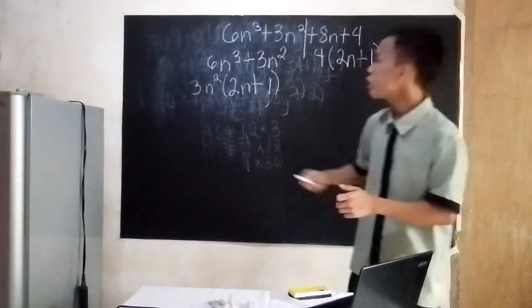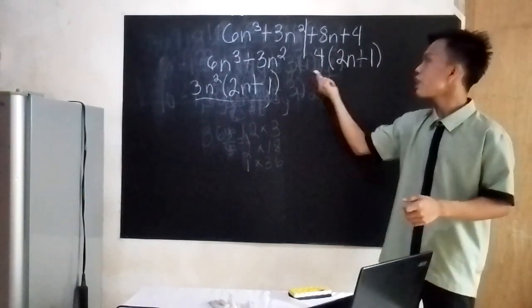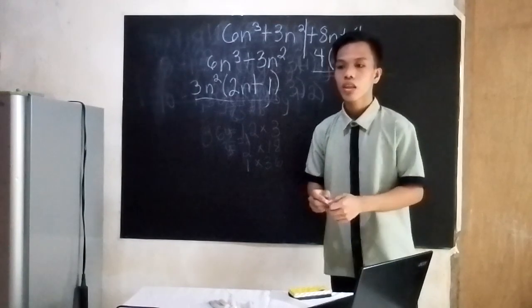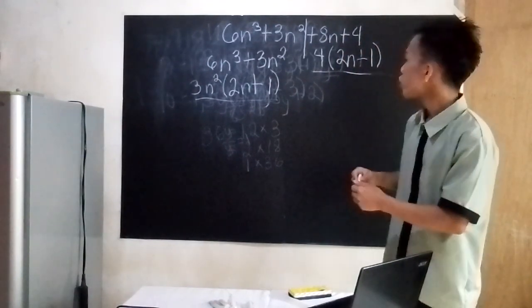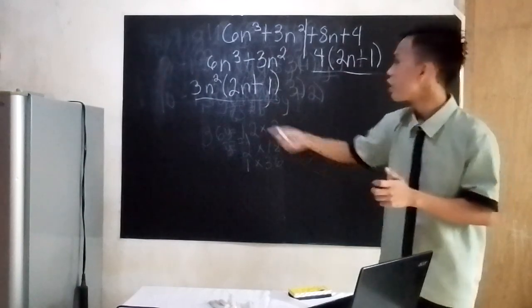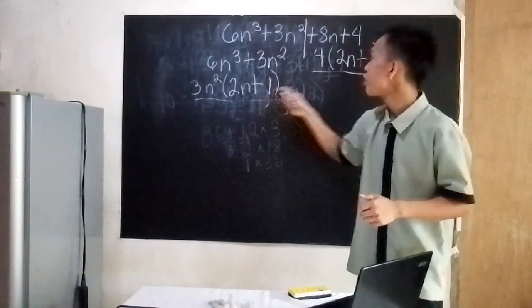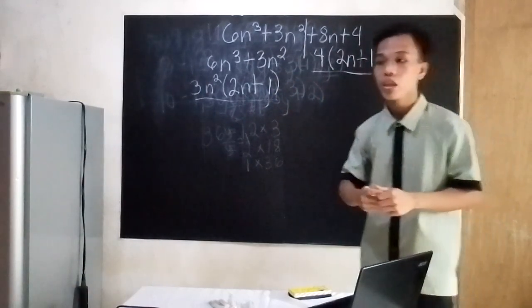So, what can you observe with the results on the left side and the right side? Yes, Damian? That's right. As you can see in here, they have the same multiplier, the same 2n plus 1.